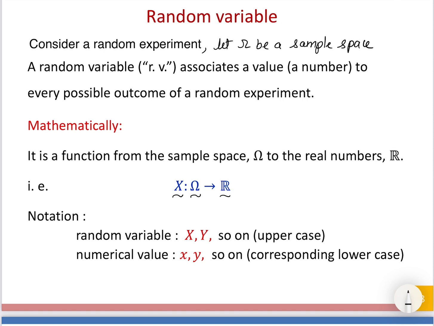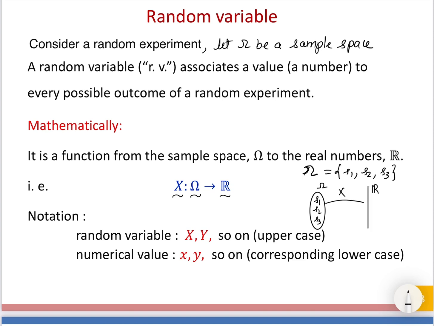For instance, consider a sample space that has three elements, S1, S2, and S3, and let X be a map from the sample space to real numbers. Let me write it as omega equals S1, S2, S3, and X be a map from these to real numbers.